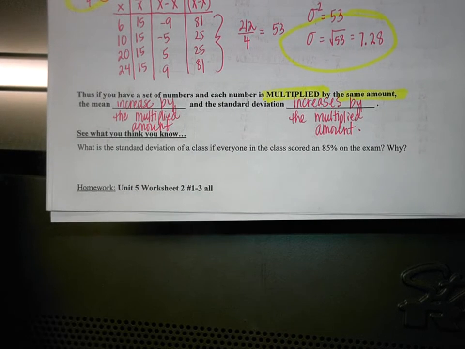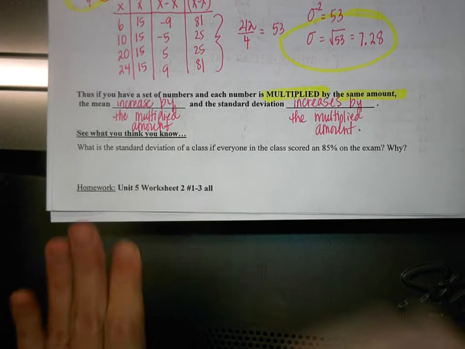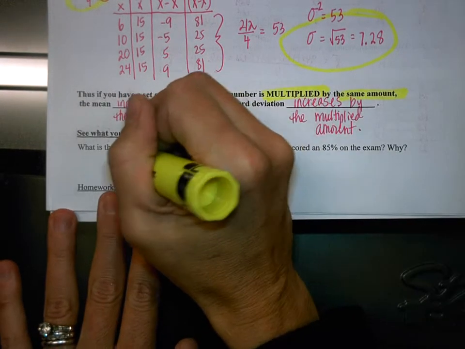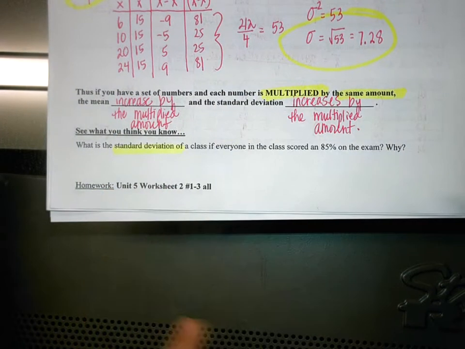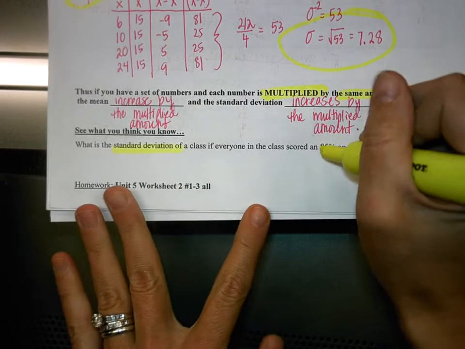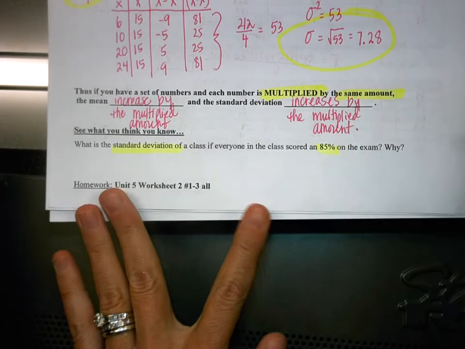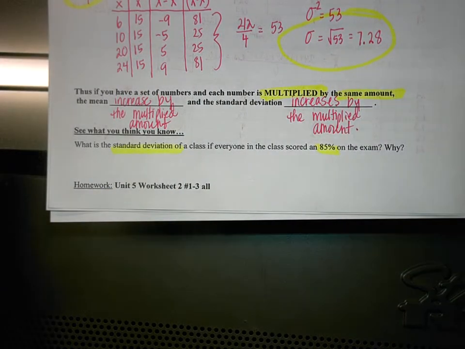But it says, what is the standard deviation of a class if everyone in the class scored an 85% on the exam? Now, who remembers what standard deviation represents? The distance between all the numbers. So if all the numbers are 85, what is the distance between them? 0.